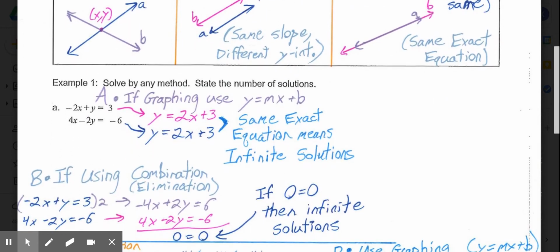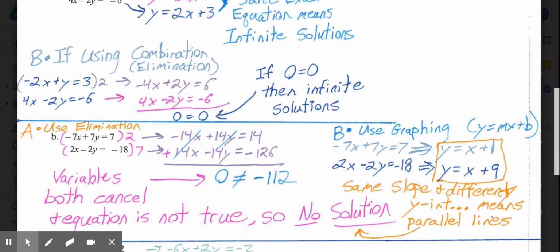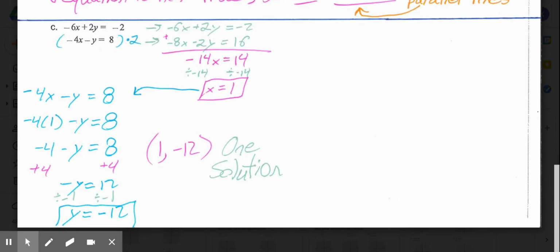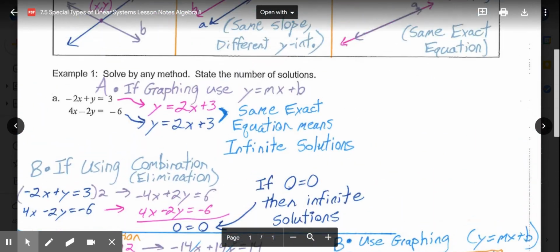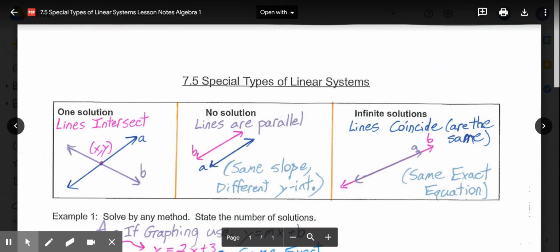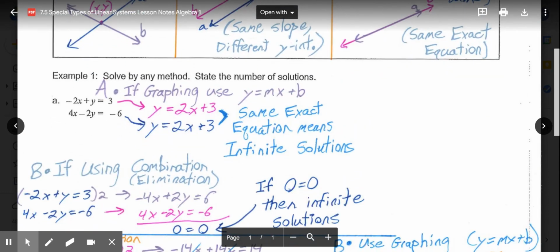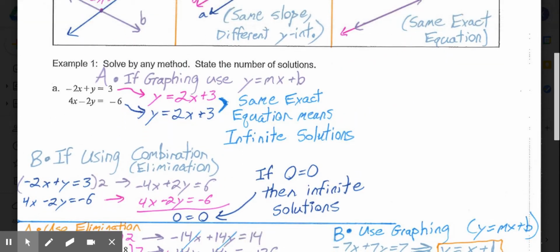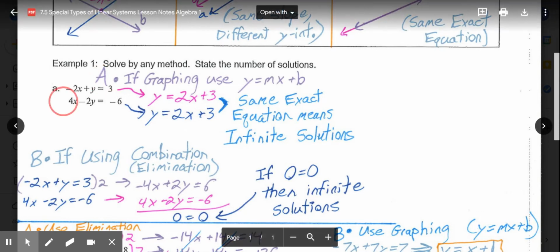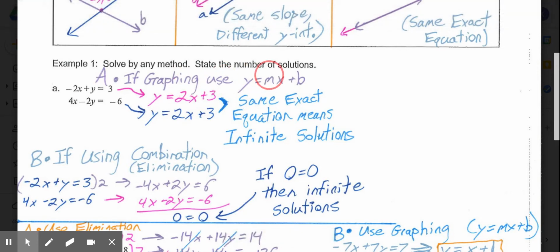So, example 1, we have parts A, B, and C that we're looking at for these different types of systems. Example 1 says solve by any method, state the number of solutions. You'll see I did parts A and B here just to show you two different approaches. If we were to use graphing, that means we'd want y equals mx plus b.